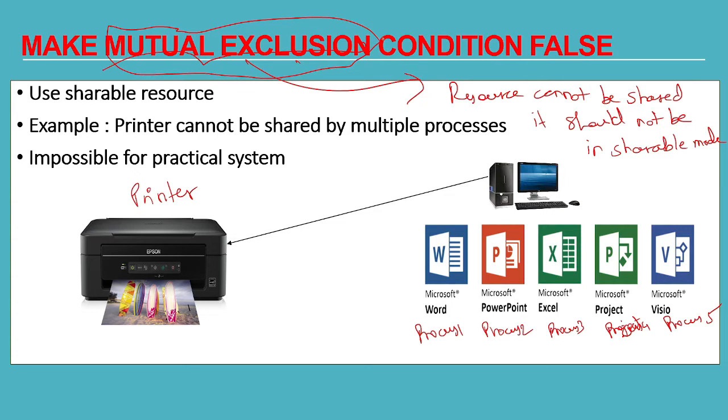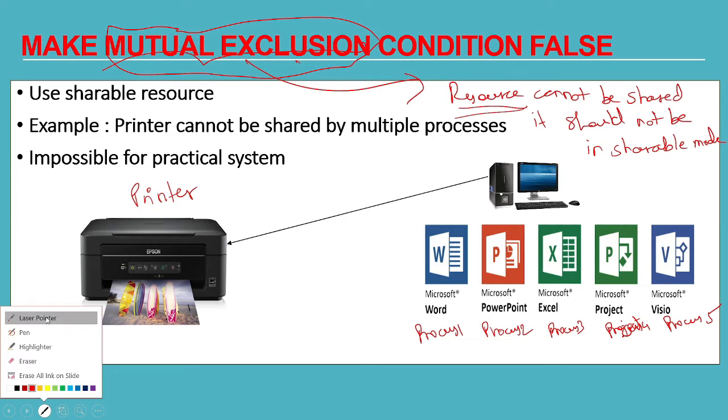False means we have to make the resource shareable, but a resource like a printer cannot be made shareable. So we cannot make the mutual exclusion condition false, because at a time this resource will be used by only one process.